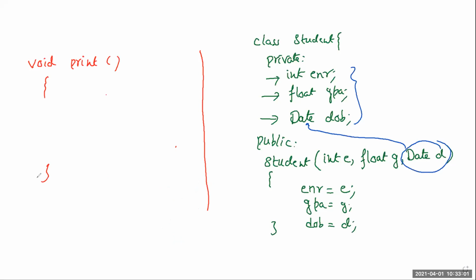Now what is the objective of a print function? We know a print function should display the data members, right? So how can we do that? It's fairly simple. We can write cout, GPA, enrollment. Right? Now a common mistake that many make is the temptation to write this.